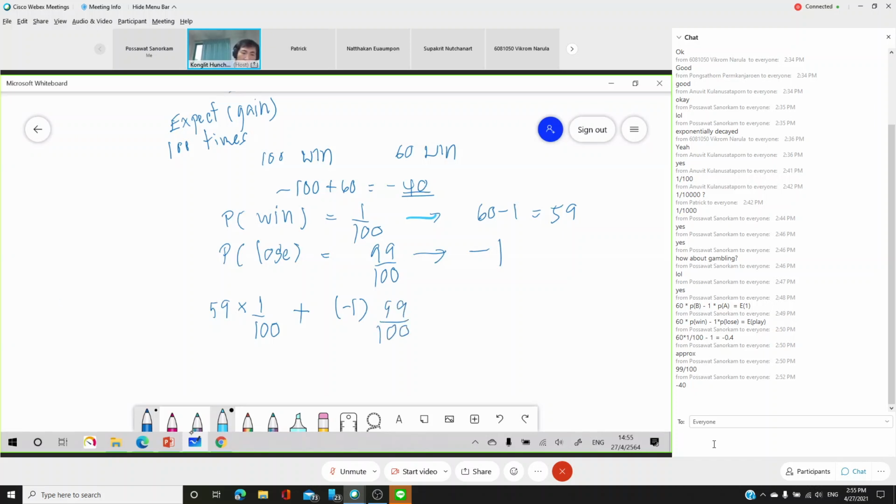And that is the expected gain. This is the gain, and this is the probability of each gain. So you multiply each probability with the gain and add them up.